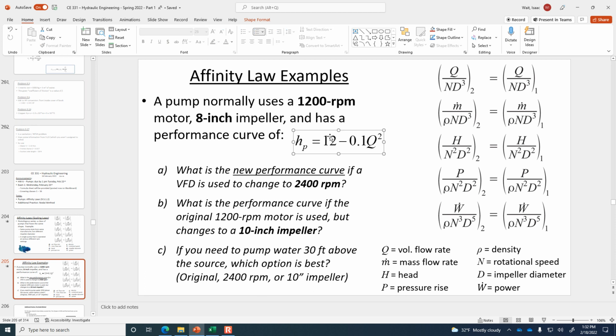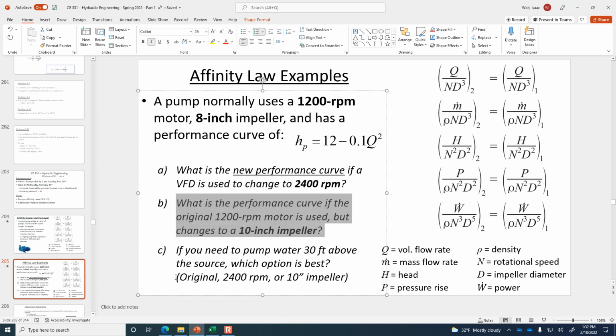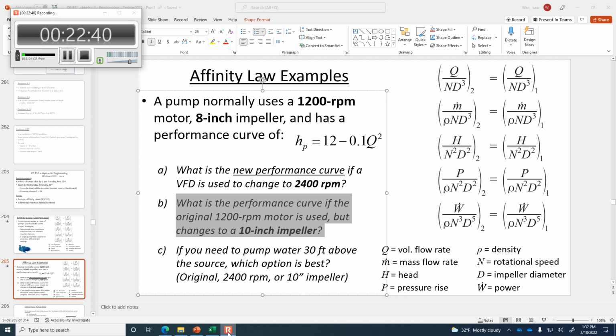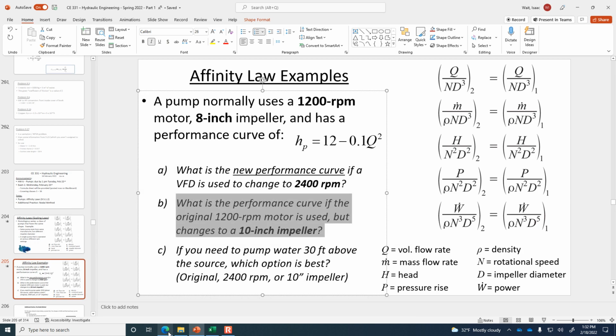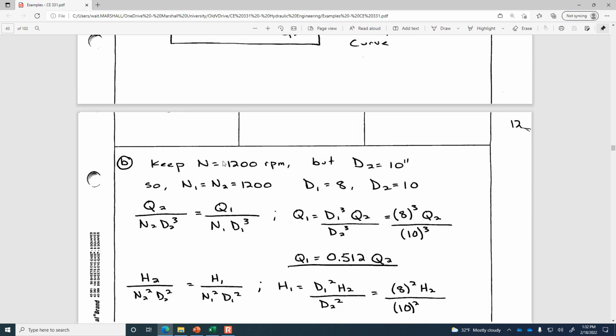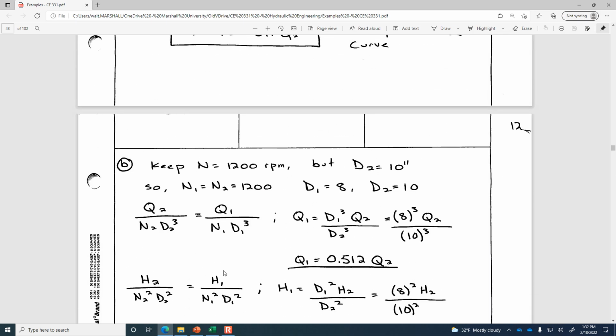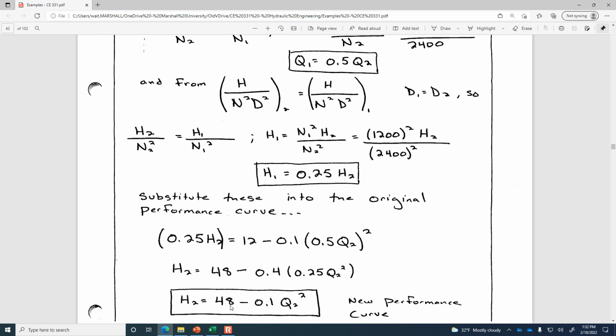So the first pump can only lift water 12 feet. So that wouldn't be a good match for what we need to do. The one that we just calculated is able to add 18 feet of head. So that can do it. It can lift the water 18 feet. And then the other option was the cutoff head for the pump was 48.